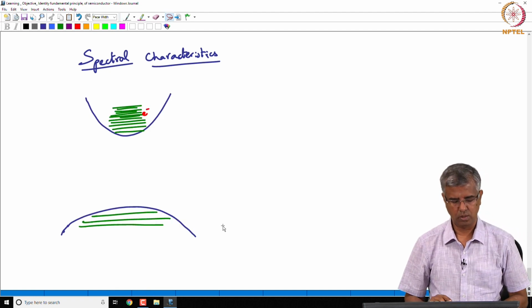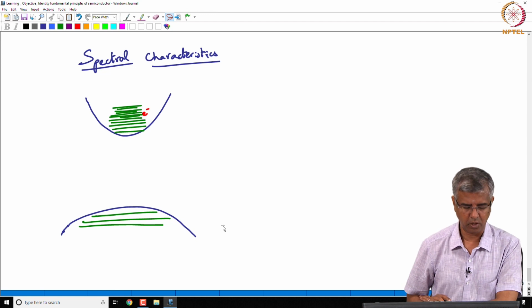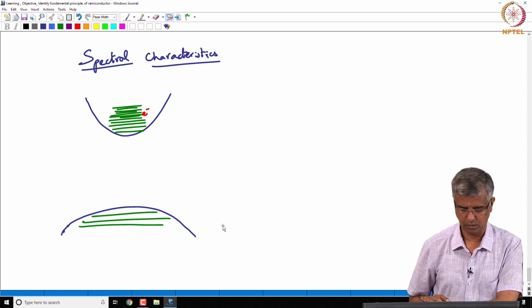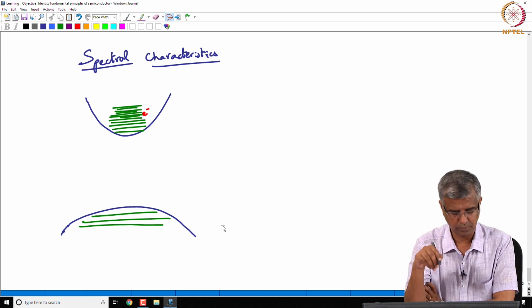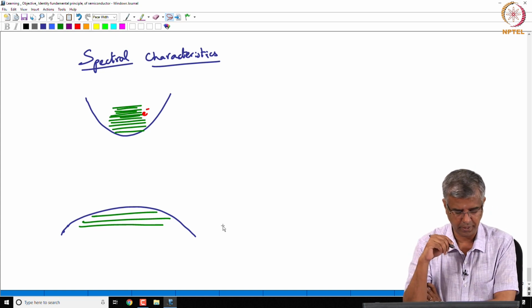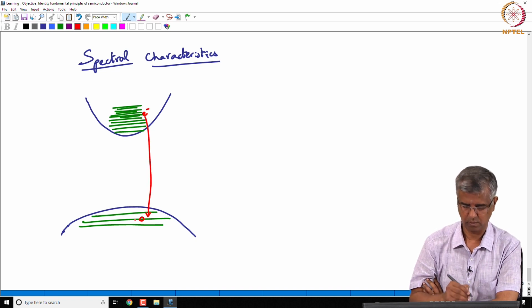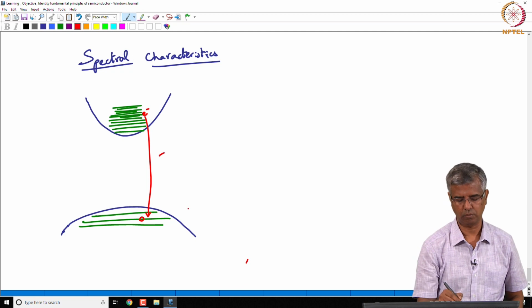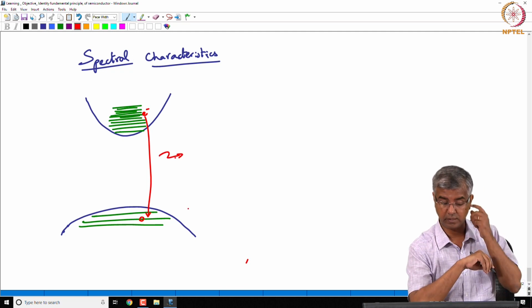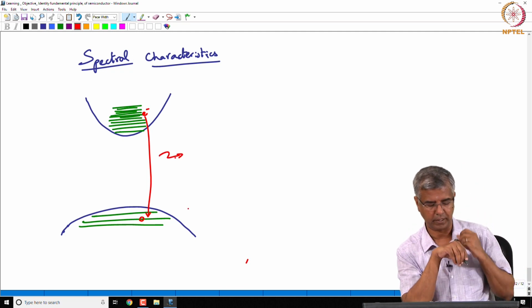If I have recombination happening from an electron in the conduction band recombining with a hole in the valence band, right, what sort of spectral characteristics do I expect?